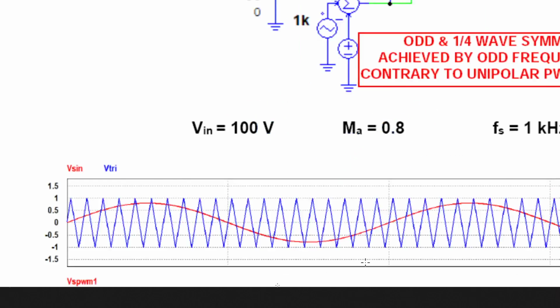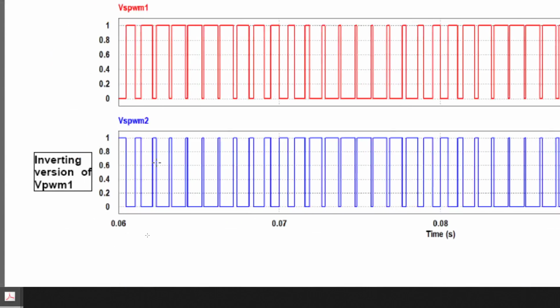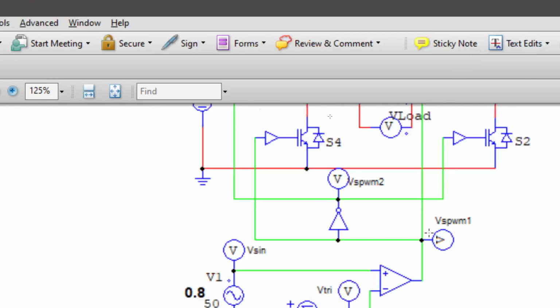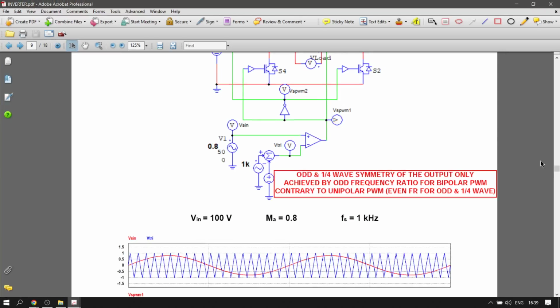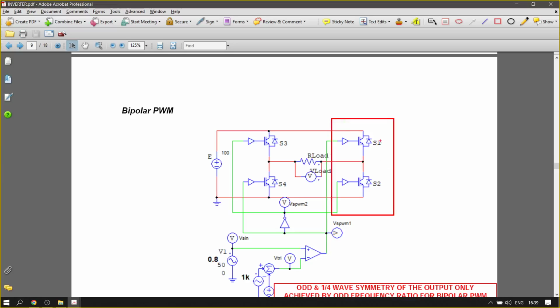So here you have the inverting version of PWM, and this will supply the other switch. Just focus on the first leg. So S1 will receive the first PWM, and S2 will receive the inverting version of whatever control signal is for S1.